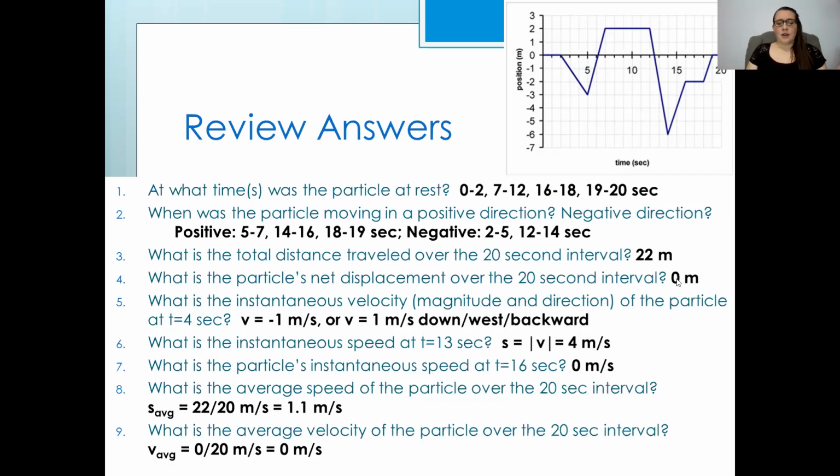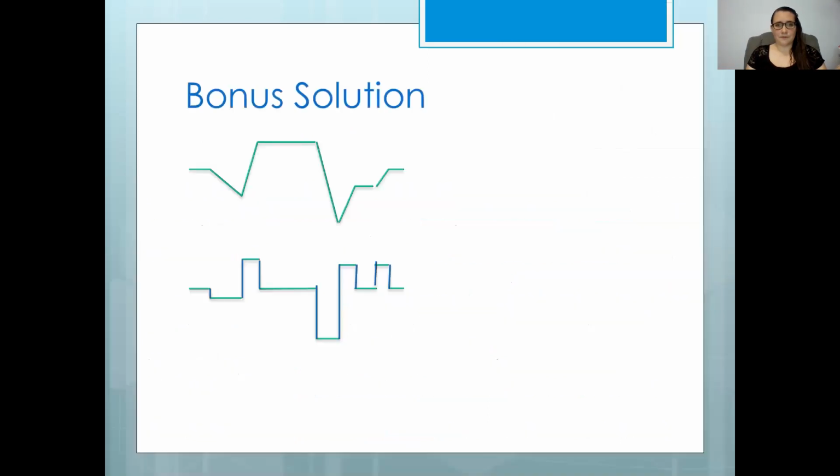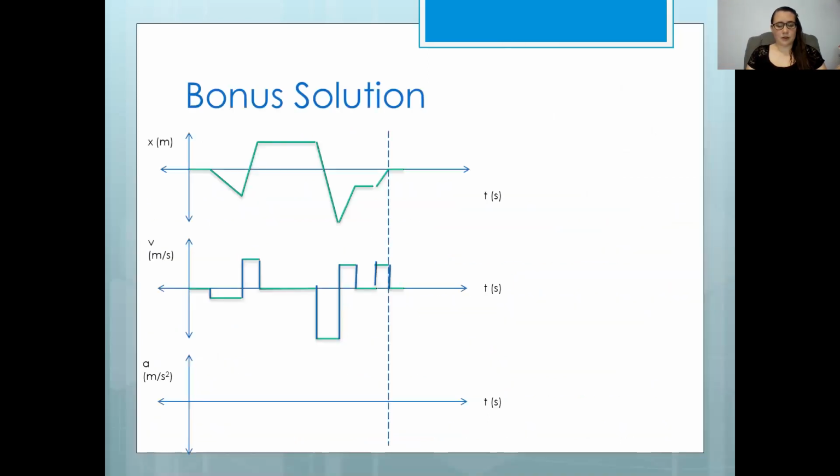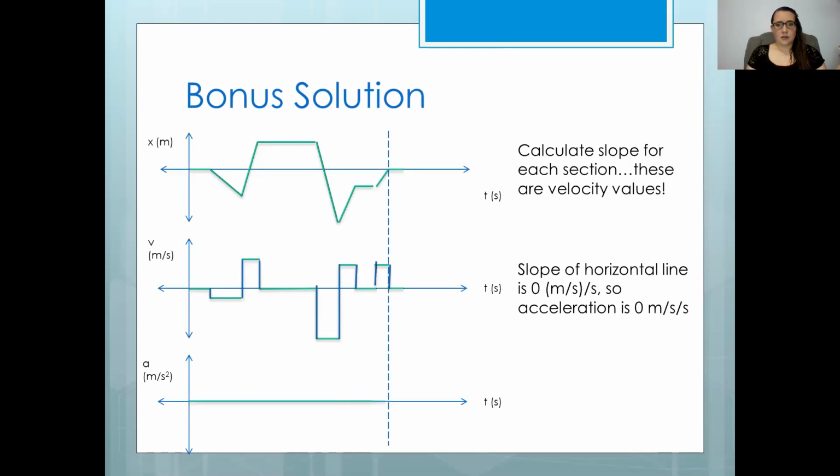And so now let's think about the actual question, which was the velocity and acceleration time graphs. So when we're thinking through these graphs, I just kind of tried to sketch out what it looked like up top there for the position time graph.